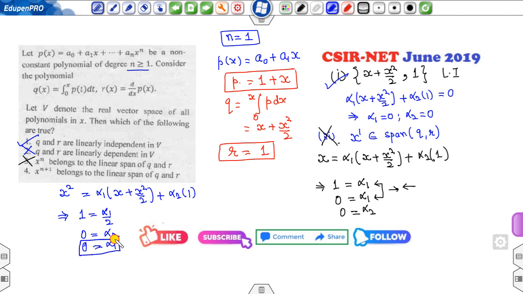Again, from one side alpha 1 is 0, from the other alpha 1 is 2, which is not possible. So the right answer is only A. And you can see I have converted a very complex problem to a very simple one, and you can solve it in a fraction of a second.